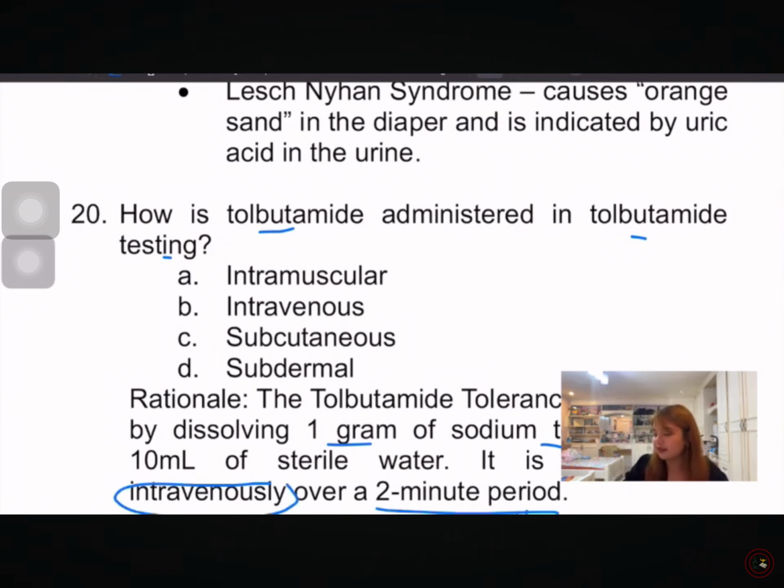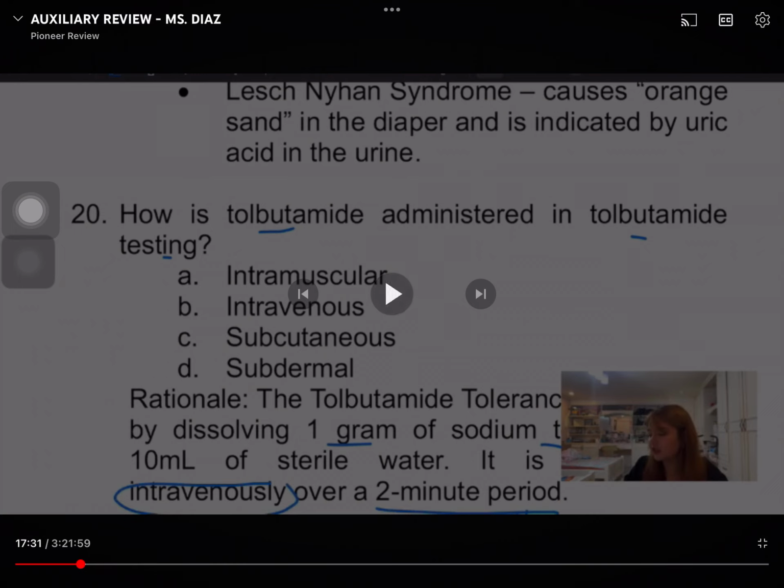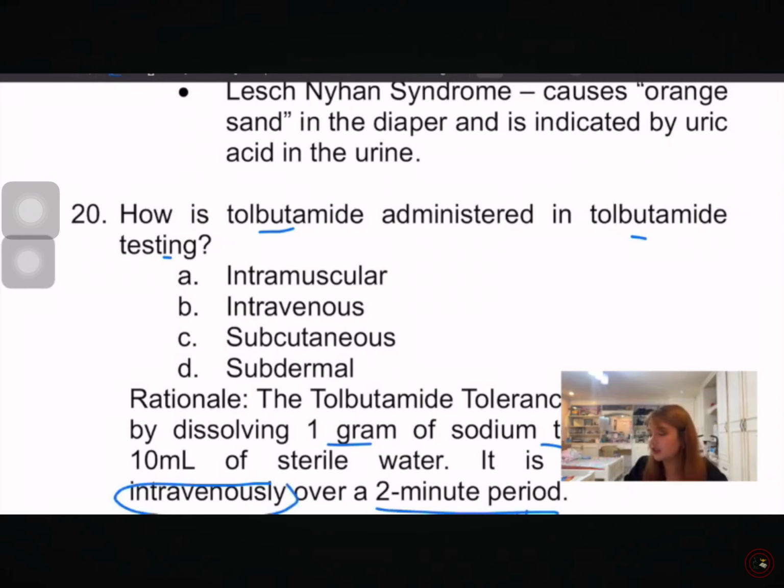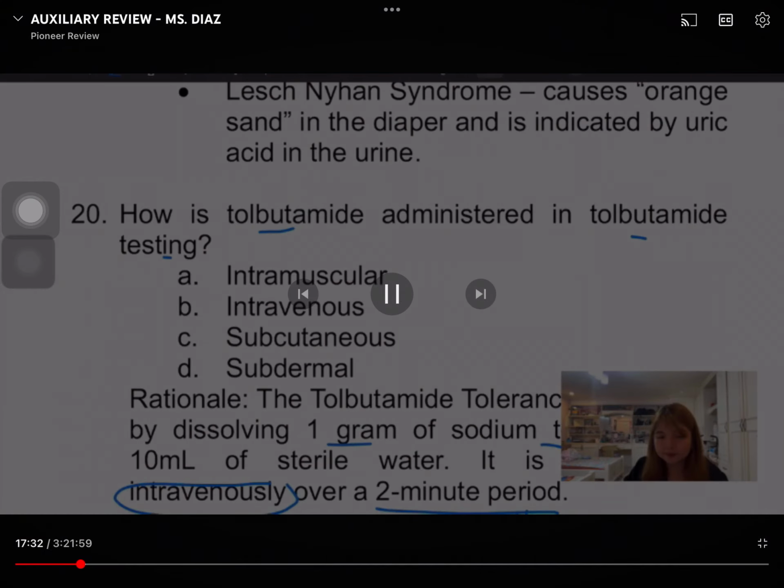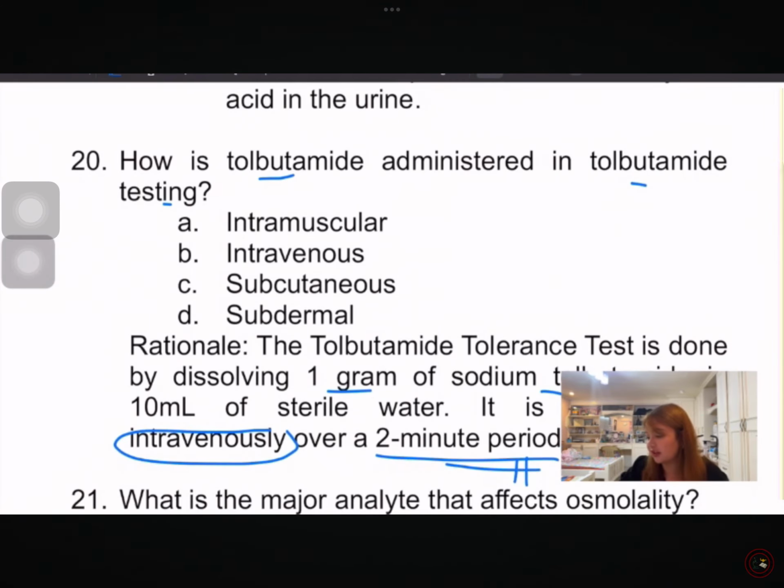So, itong exact na rational na to or exact statement na to is galing sa mismong journal na nagde-describe ng tolbutamide tolerance test. So the answer is intravenously.